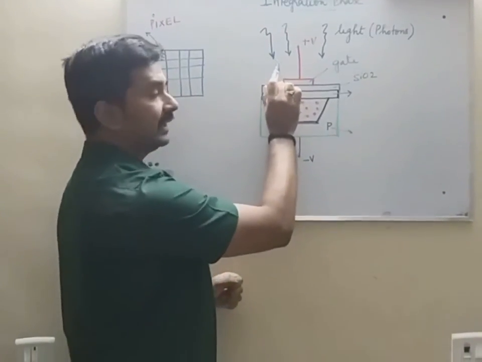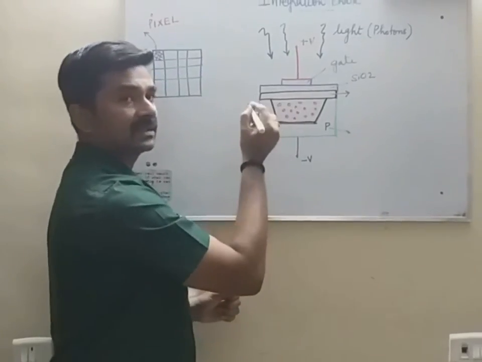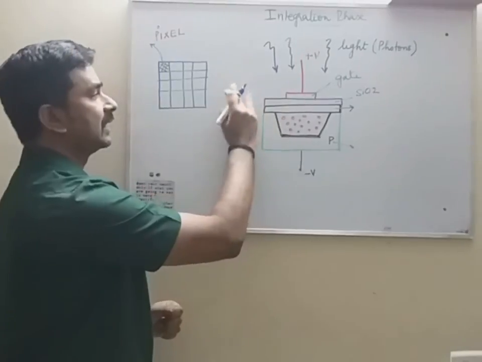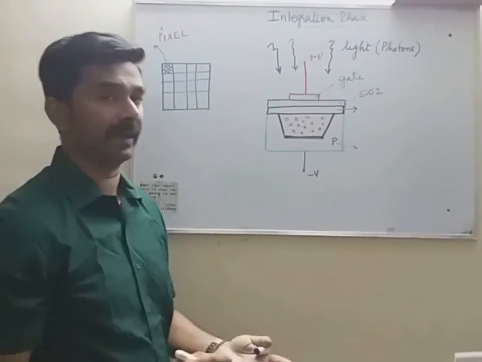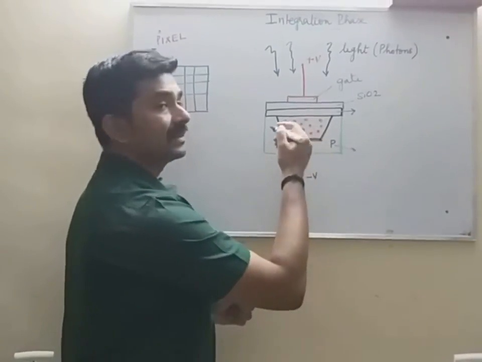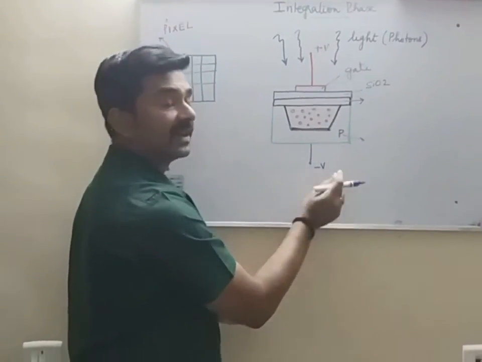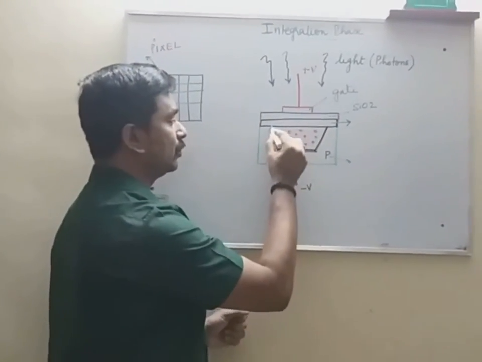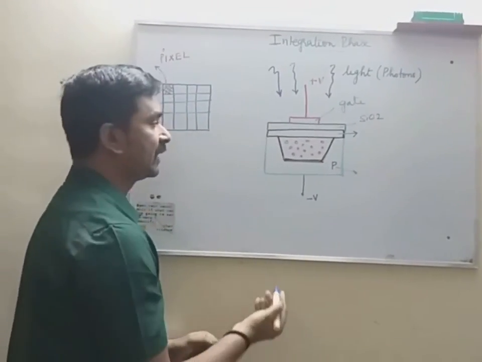When light falls on it, the light sensitive elements will absorb the energy imparted by this light, and it will generate electron hole pairs. The holes get attracted towards the reverse bias that we give, and in turn you get a potential well, a depletion layer, being created.